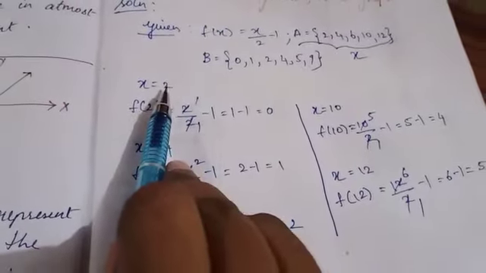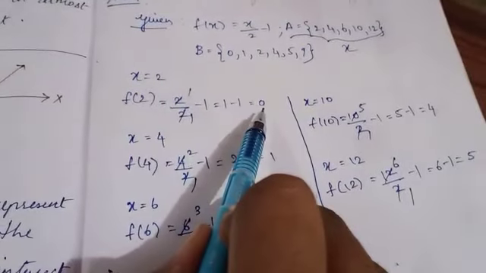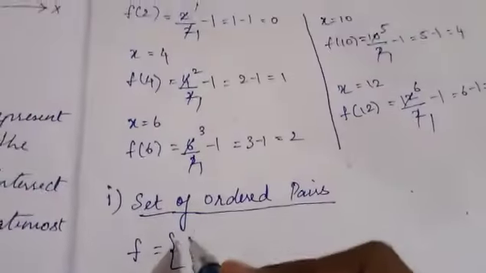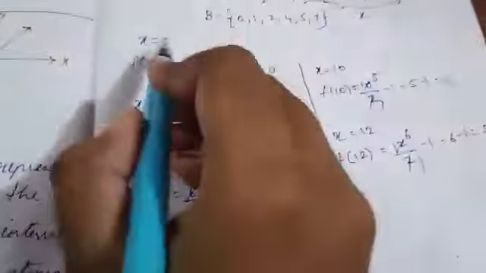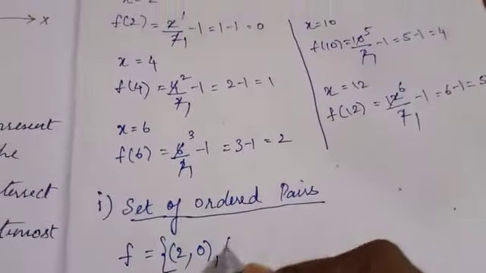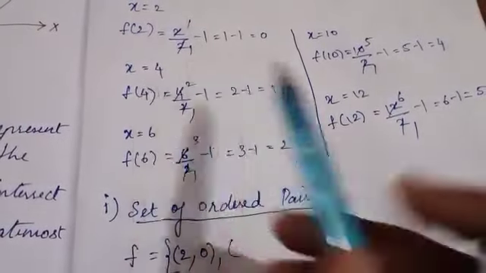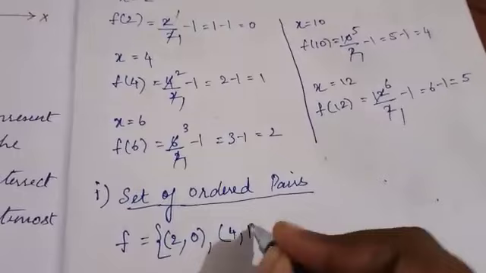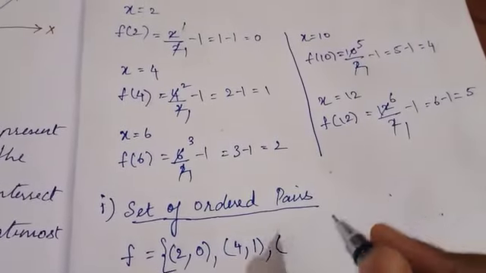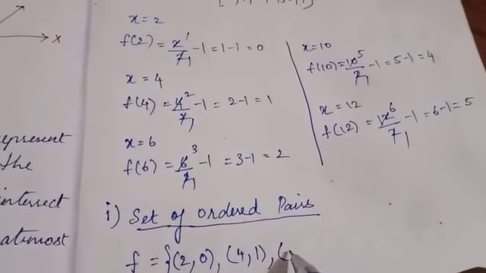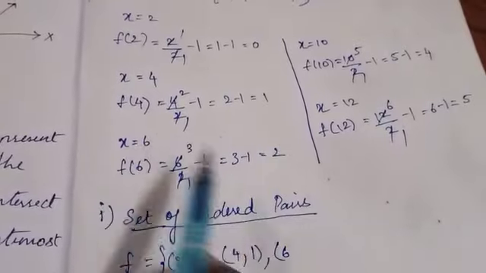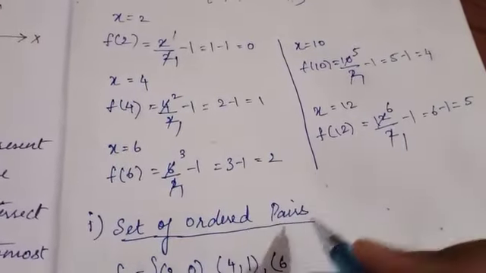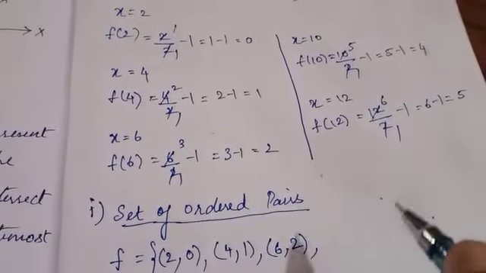When x is equal to 2, our f of x is 0, right? In the same way, when x is 4, f of x is 1: (4, 1). So next, when our x is 6, our f of x is 2.